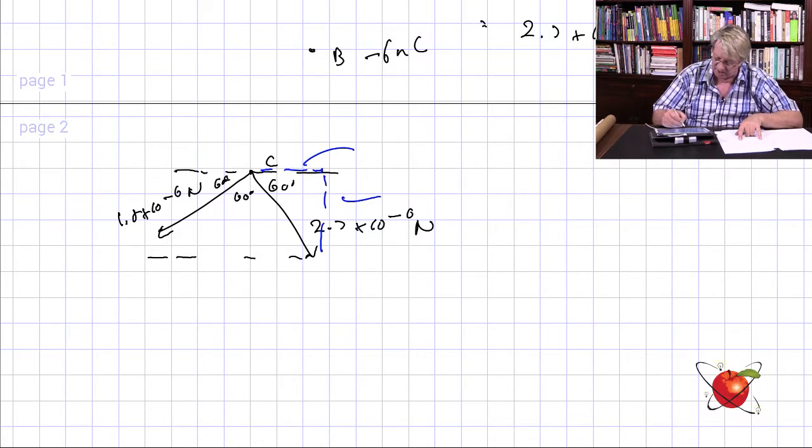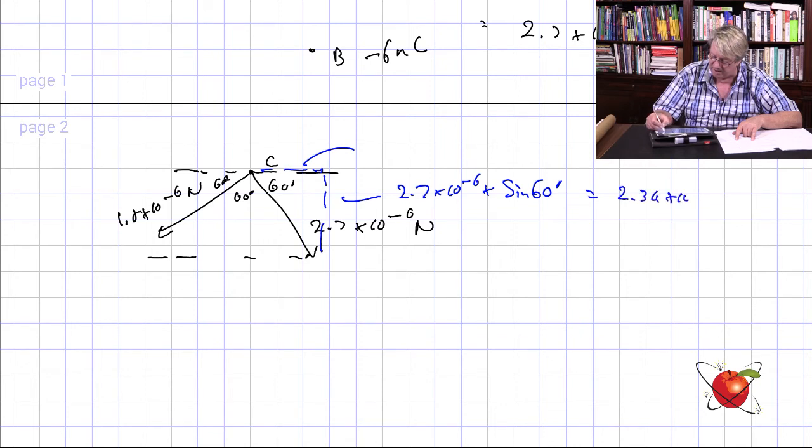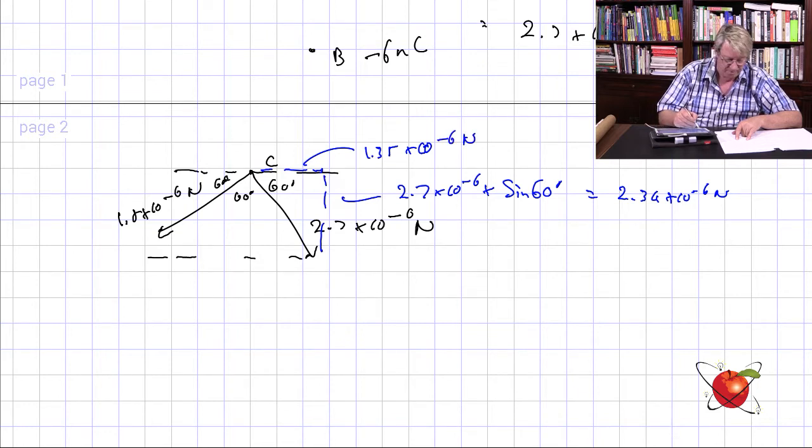Force in the vertical, in other words, is going to be 2.7 times 10 to the minus 6 times sine of 60 degrees, which is equal to 2.34 times 10 to the minus 6 newtons. And this one here is going to be 1.35 times 10 to the minus 6 newtons.